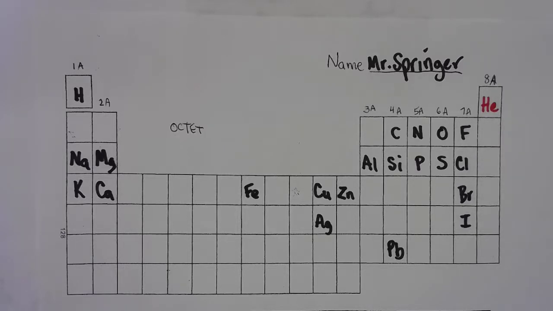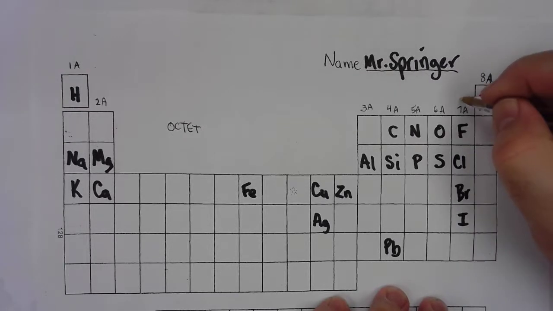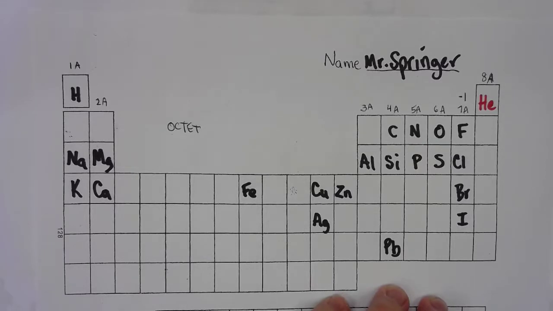So if we've gained an electron, we now have 1 additional negatively charged electron, which causes elements in that column to have a charge as an ion of -1. Fluorine, the atom, has no charge, but fluoride ion has a charge of -1. So once it gains that electron, it becomes an ion and has a charge.